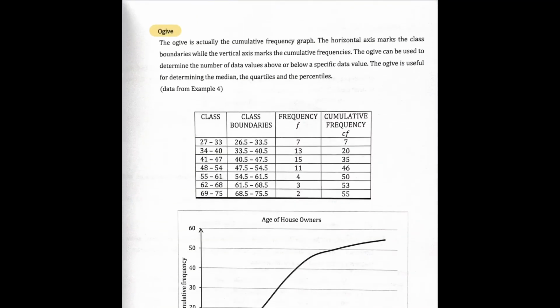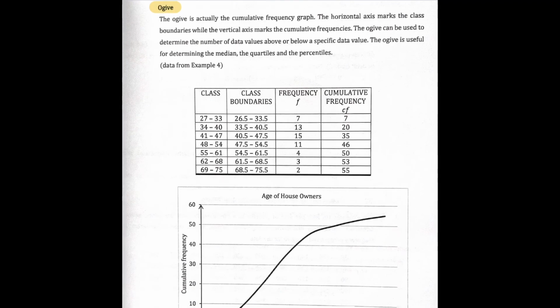The last one is the ogive. For the ogive, you have to add on the class boundaries column and also the cumulative frequency column. What is the cumulative frequency column? You just add on all the rows. 7. The next number is 7 plus 13, which is 20. The next row is 20 plus another 15, which is 35.